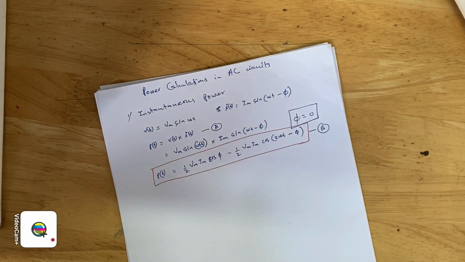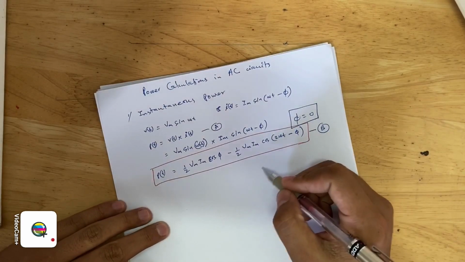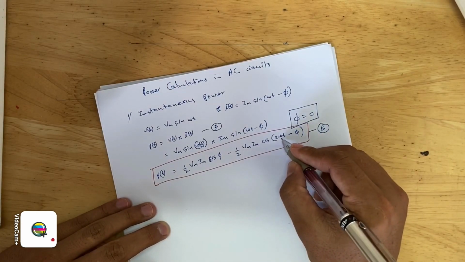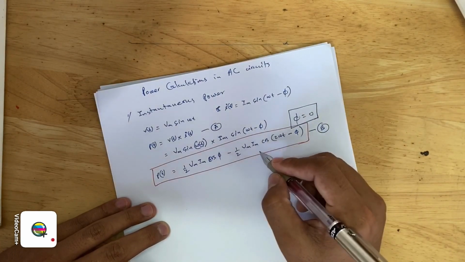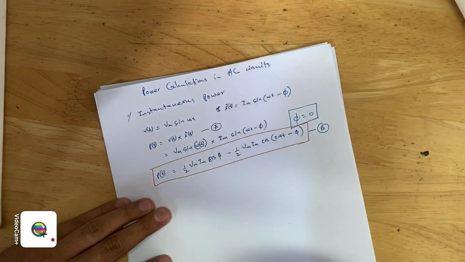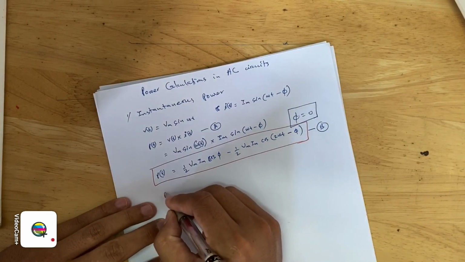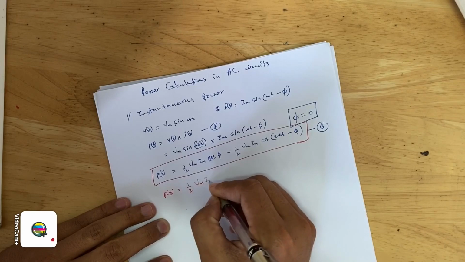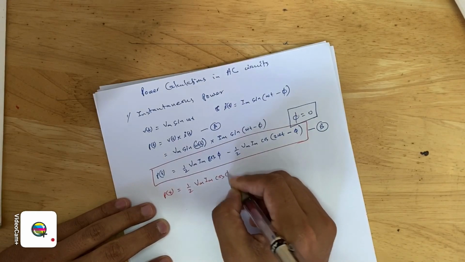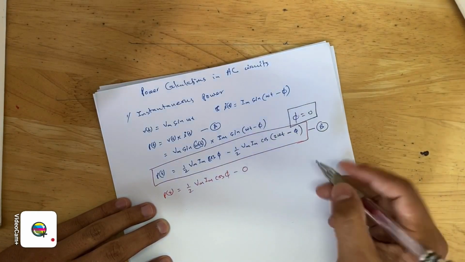If the values of omega t, phi, Vm and Im are known, then we can calculate P of t, which will be equal to 1 by 2 Vm Im cos of phi minus 0.